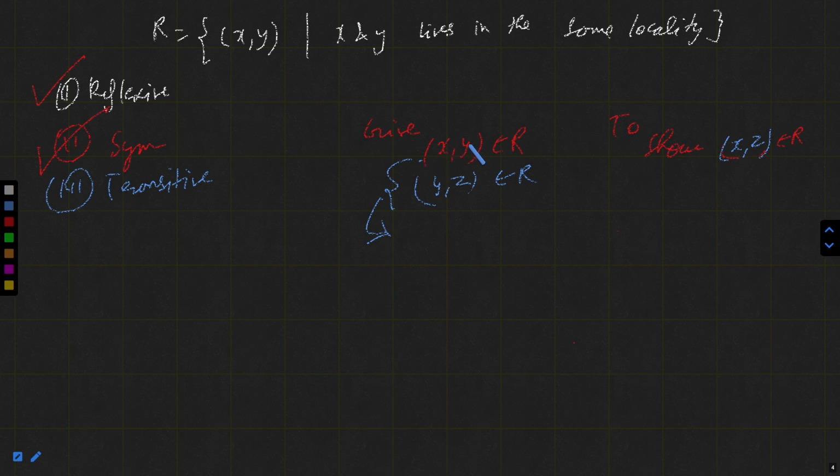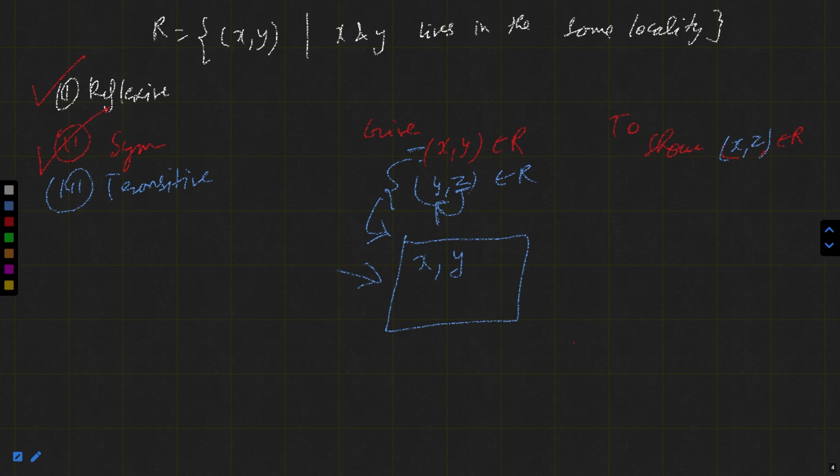So from the first piece of information, this is the locality x and y live in, and I know z lives in the same locality as y.